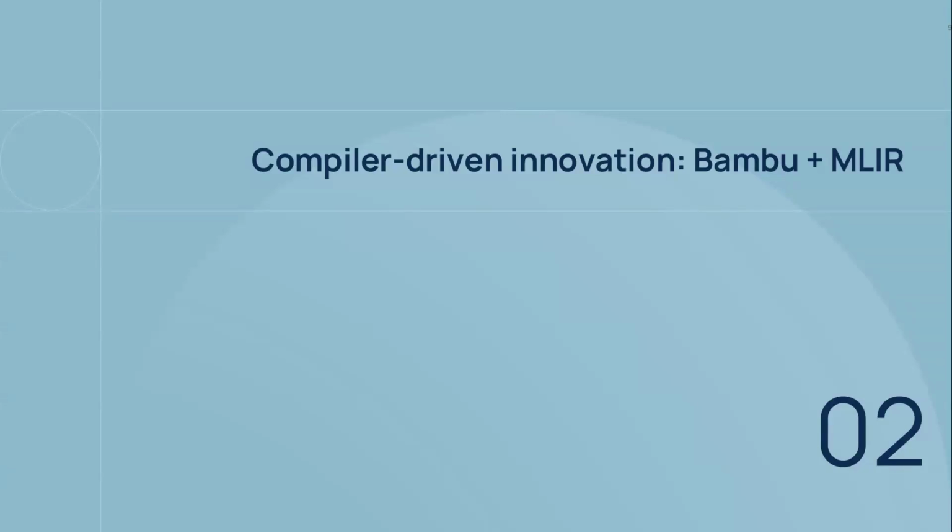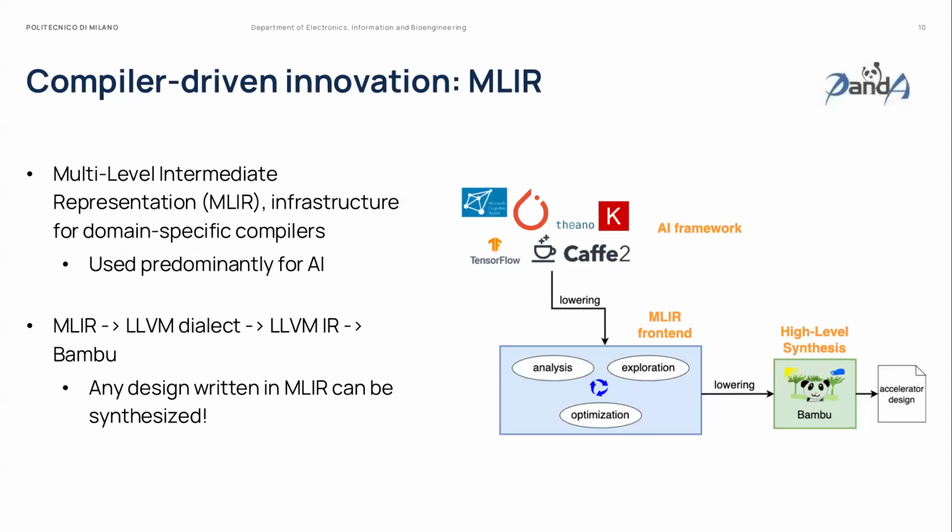So, I mentioned that one of the possible inputs to Bambu is an LLVM-IR, which opens the way for any front-end compiler that can generate an LLVM-IR to then target Bambu synthesis. So when MLIR was presented as a multi-level intermediate representation, we immediately saw that there was an opportunity, because all of the high-level frameworks using MLIR could produce something that can be lowered to an LLVM-IR and synthesized.